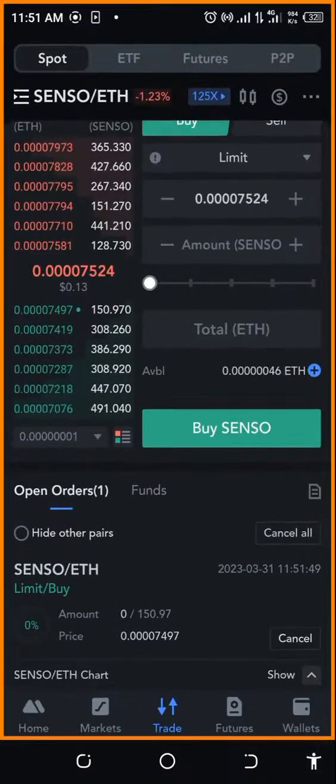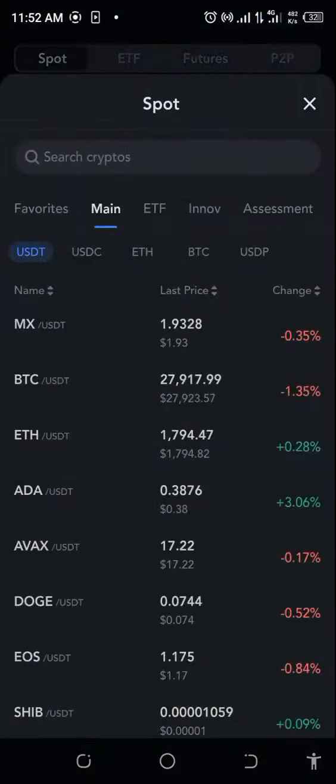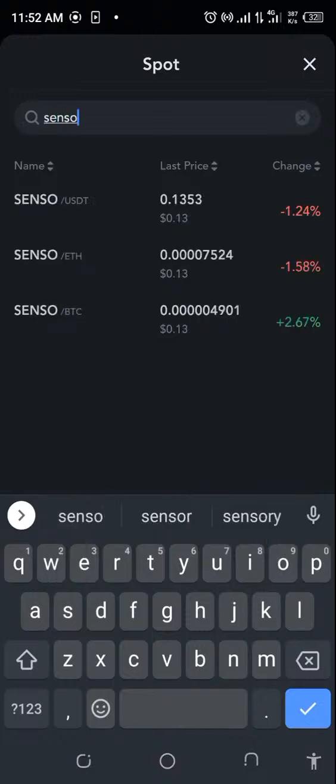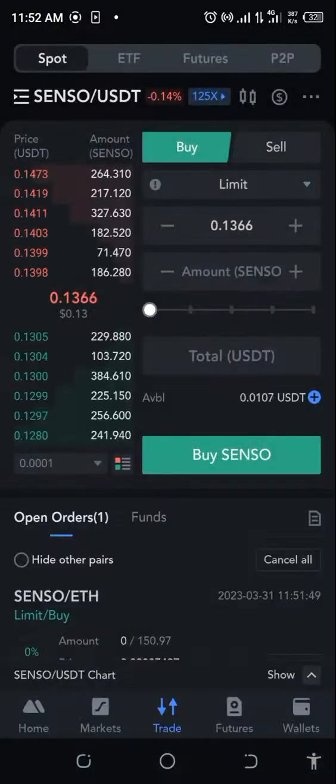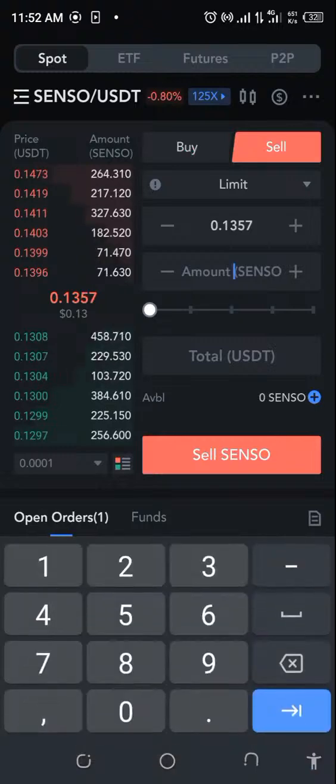Okay, let's quickly go and see if we sell this, to Senso USDT, how much we're gonna make. If we sell this, what would we make? That was 150.97.